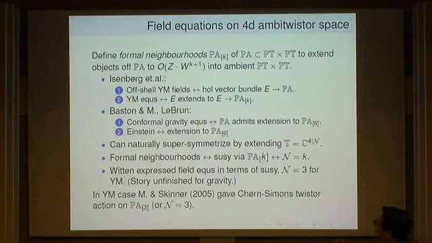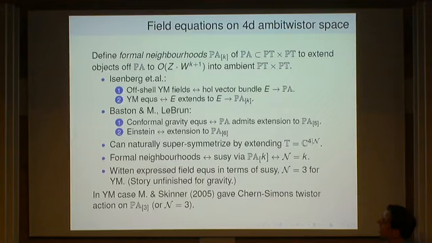So Eastwood, Isenberg and Green, first of all, managed to show that any old Yang-Mills field would give rise to a holomorphic vector bundle on ambitwistor space. And in fact, any holomorphic vector bundle on ambitwistor space determines an off-shell Yang-Mills field. So it's a two-way correspondence.